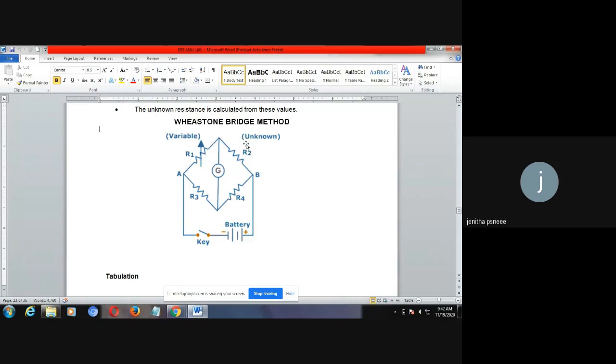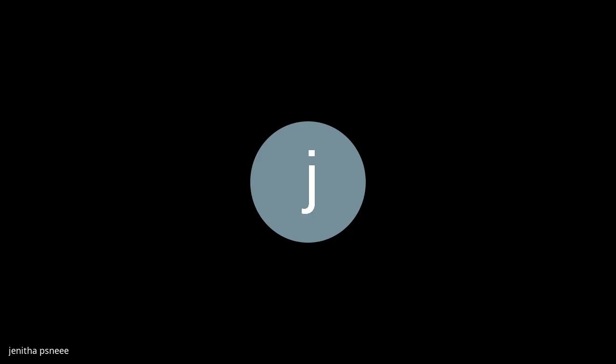We already know these 3 resistance values, and if we find the unknown value, you will get some value. In the practical condition, you have to set R2 to that value. If you set that value, the galvanometer will show zero deflection. This is the output. The condition at which you get the galvanometer zero is your output value.